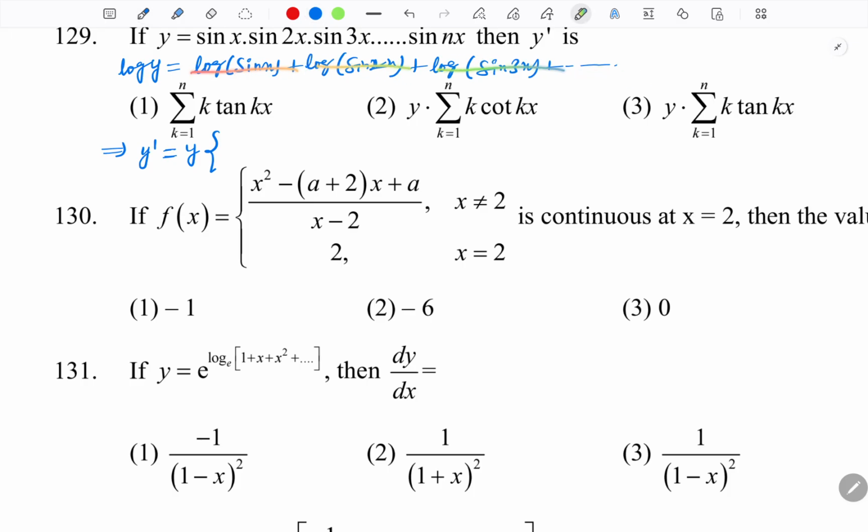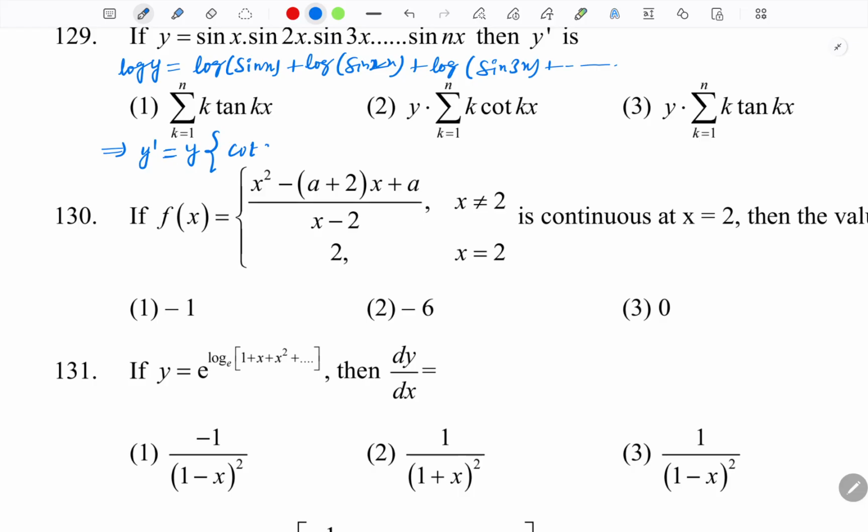Now the derivative of log sin x is 1 by sin x, and the internal derivative is cos, so cos by sin is cot x. Next, sin 2x gives 1 by sin 2x into the internal derivative cos 2x into 2, and so on. Here it comes 3 times. So it is cot x, 2 times cot 2x, 3 times cot 3x, like that it will come. Now write down the answer directly.